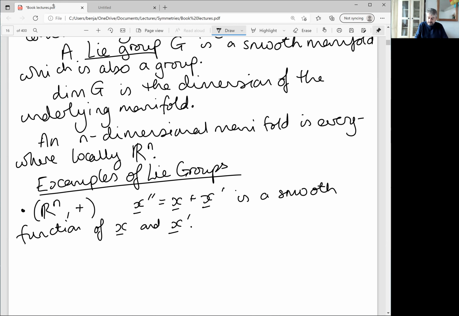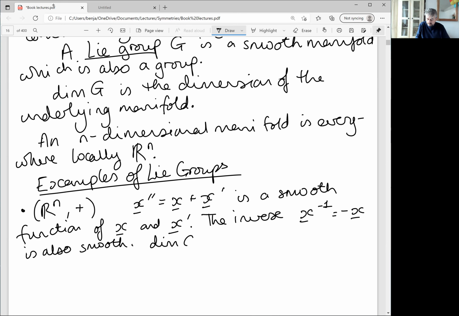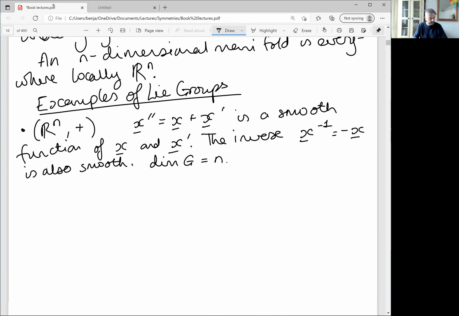And so the inverse operation would be just minus x, which is also a smooth function. So this is a Lie group, and the dimension of this group is just n, the dimension of the Euclidean space.